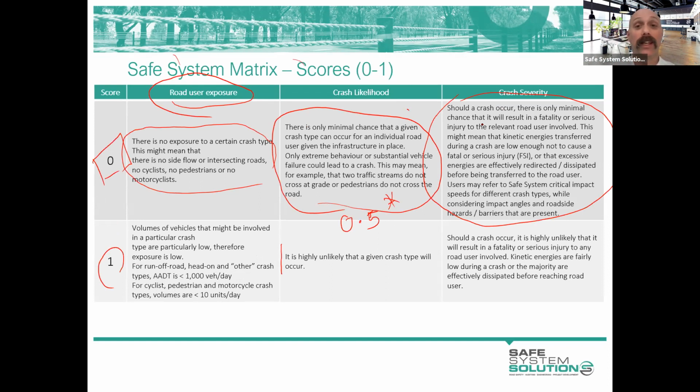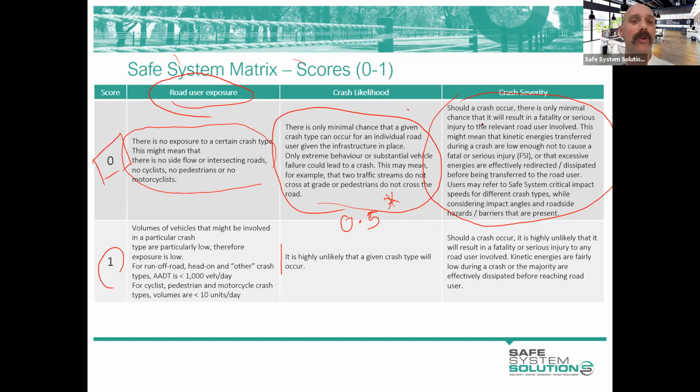But if you haven't looked at the crash history at all, you can do a perfectly valid safe system assessment matrix just based on all the characteristics we know that present an increase in exposure, likelihood, and severity of crashes. But yeah, it might be something that you could add in.